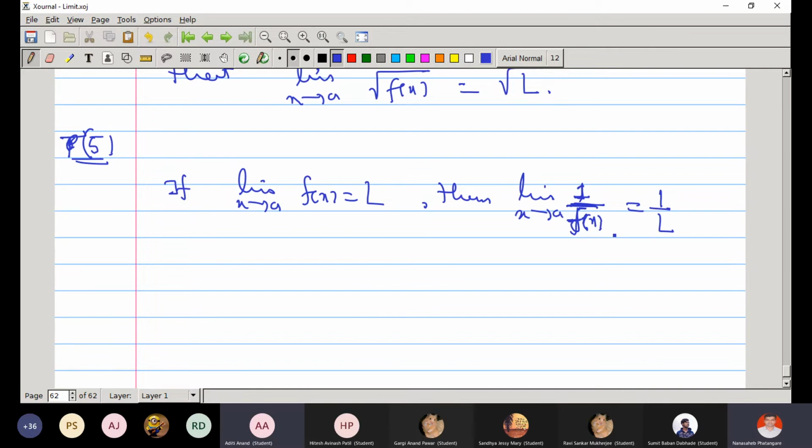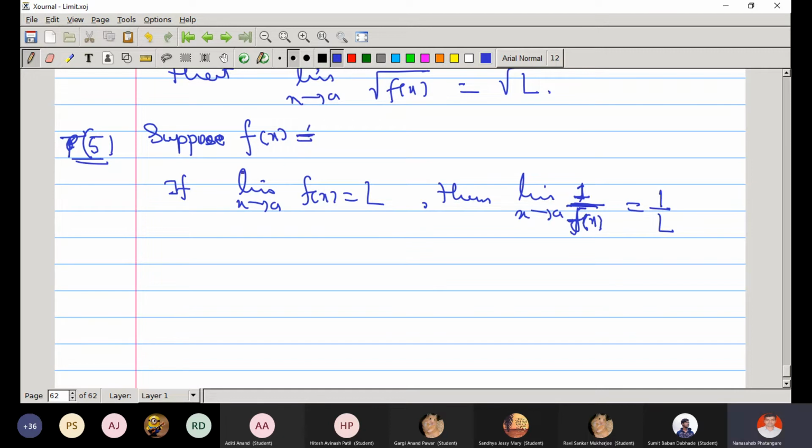But here we should make some assumptions. Otherwise, this is not well defined. So, what assumptions should we make? fx is not equal to 0.